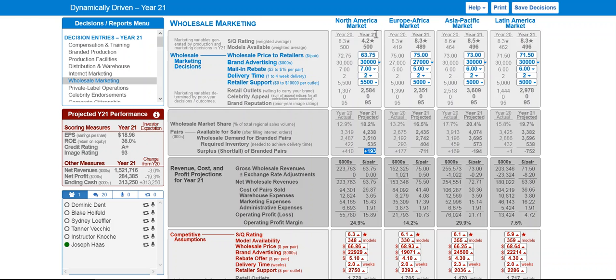But of course, by lowering the price, our overall profit margin decreases. So if I increase price, profit margin goes up. Decrease price, profit margin goes down. And generally, I would stay above 20% in the profit margin.